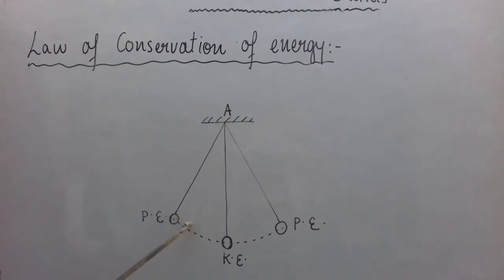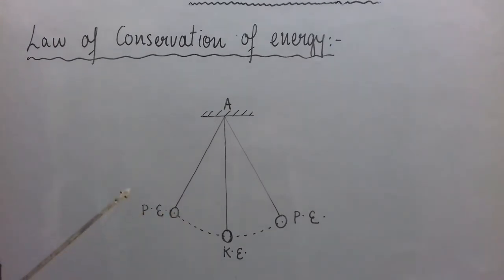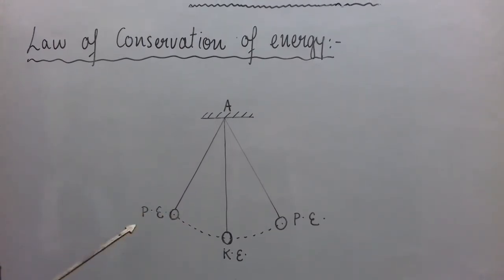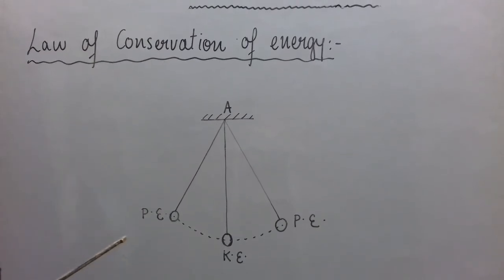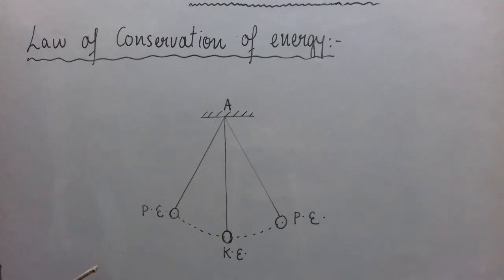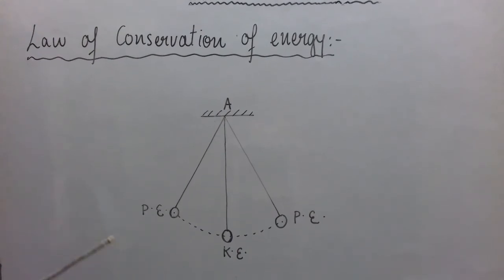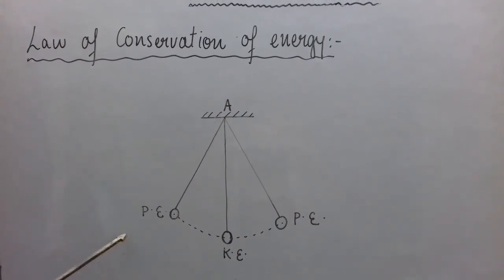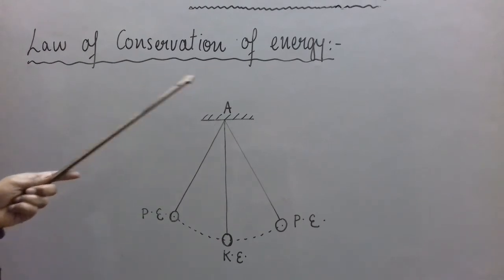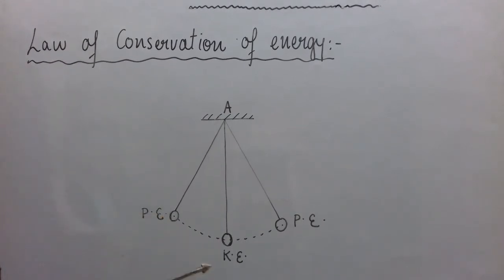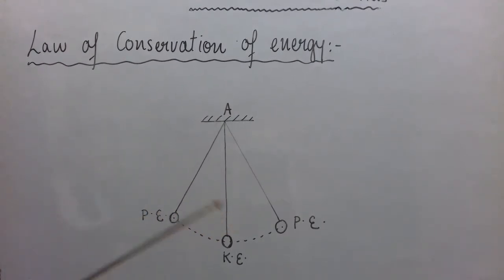So in between, at any point, we can consider the total energy, that is mechanical energy, is the sum of kinetic and potential both. In higher classes, you have to prove the law of conservation of energy for this oscillating simple pendulum. But here I have just explained it to you, no need to prove it, but at least you should know the concept of the law of conservation of energy, or what type of energy it possesses at different positions.